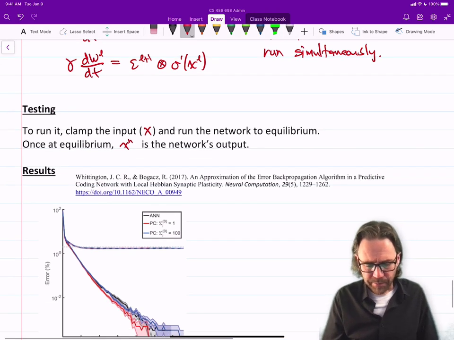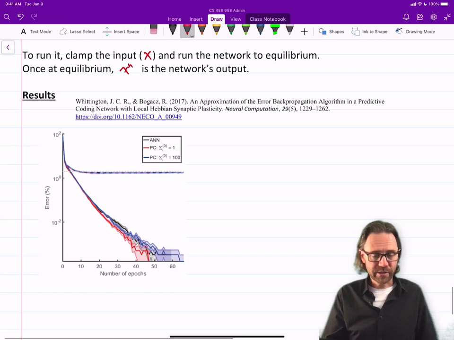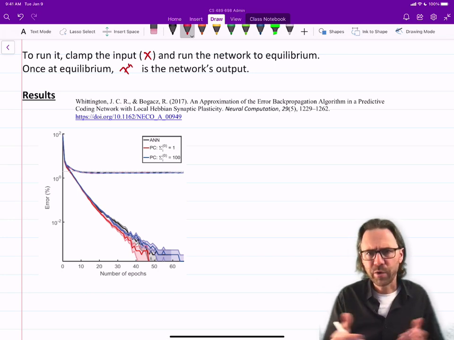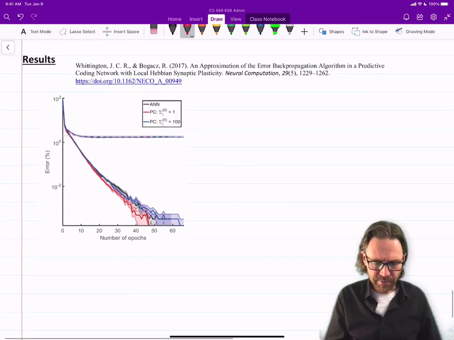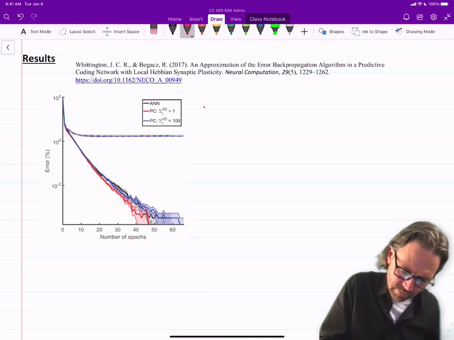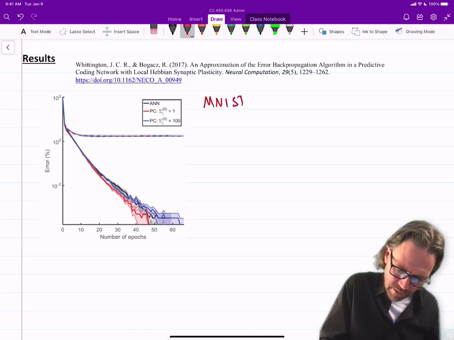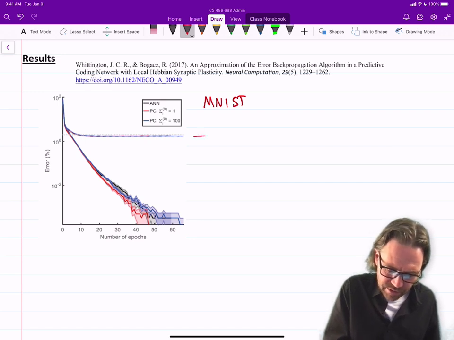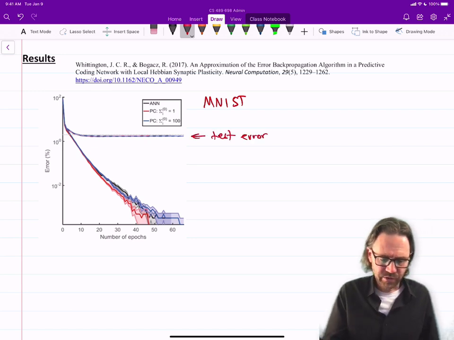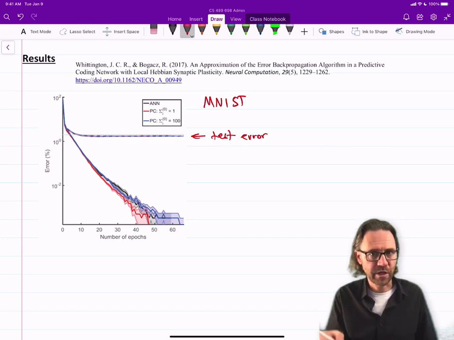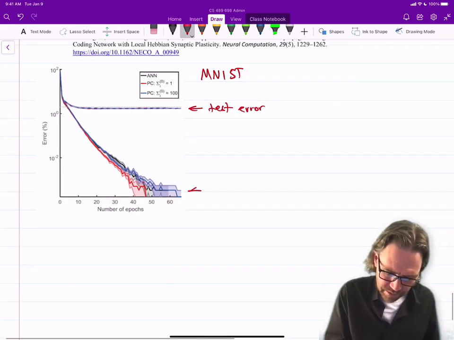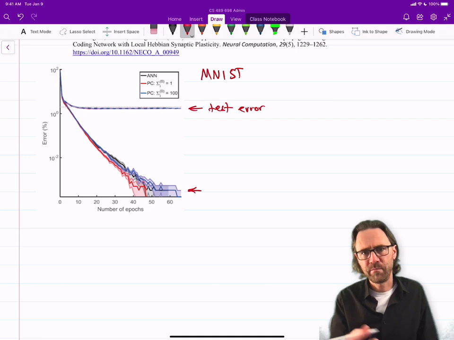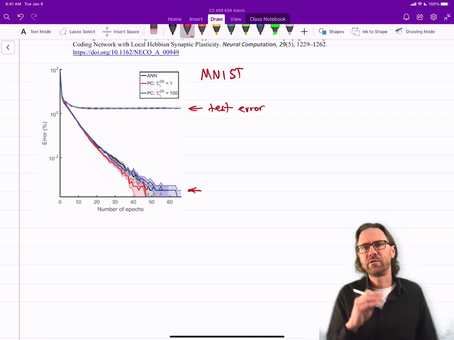So here's a paper written by Whittington and Bogacz I mentioned before, just showing that over time on MNIST, it learns. So what we have here is the error. This here is the test error. It goes down to about 2% or something, which is standard. And the training error, just like any feed-forward method, can go very close to 0.